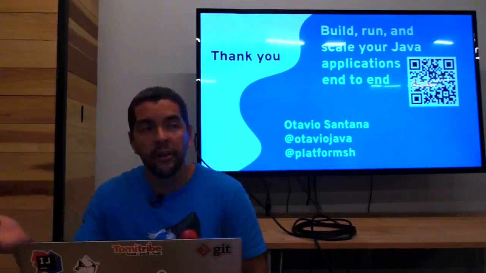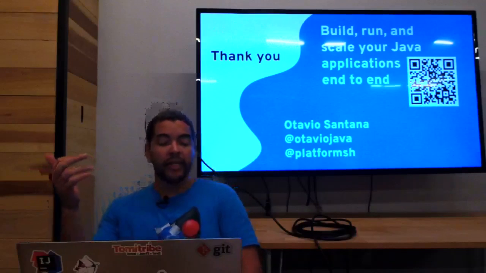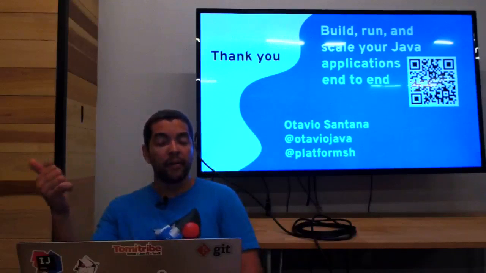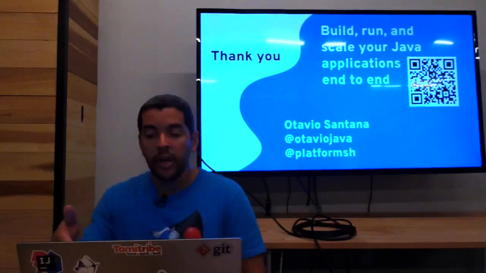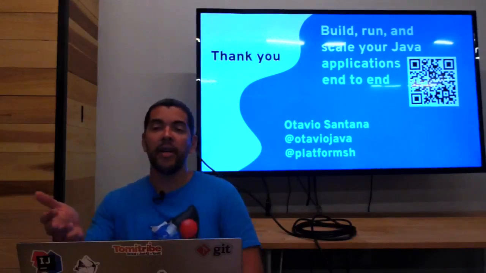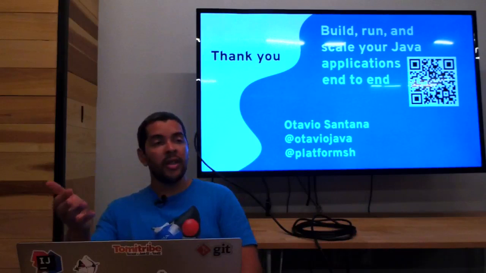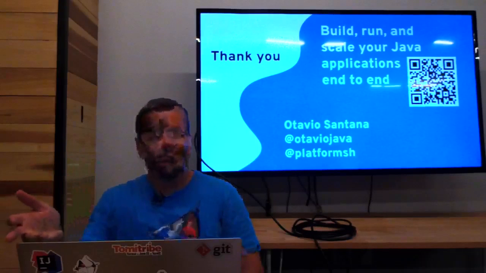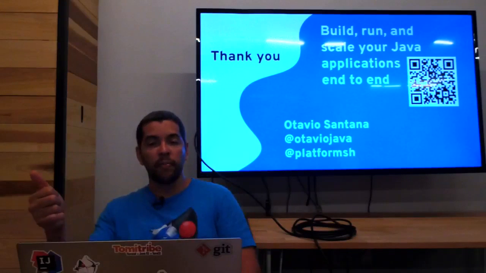You can use Docker if you wish. In this case, I used the platform. Here is my Twitter handle. If you'd like to know more, I have that QR code. Java EE, Eclipse Microprofile, good practice.